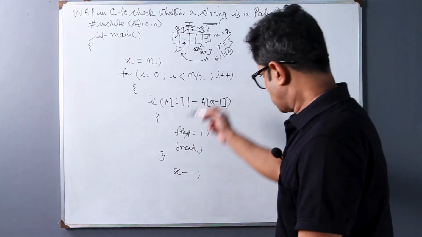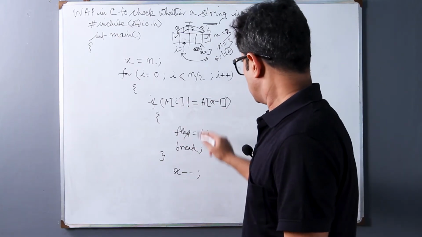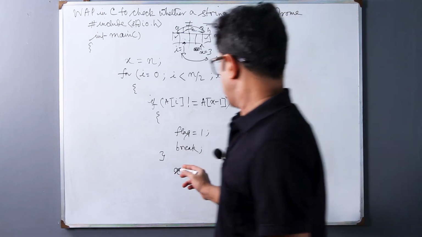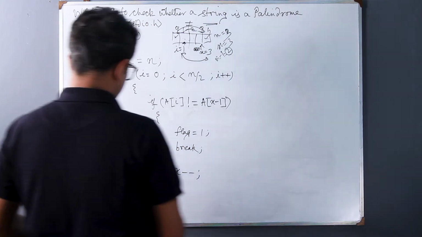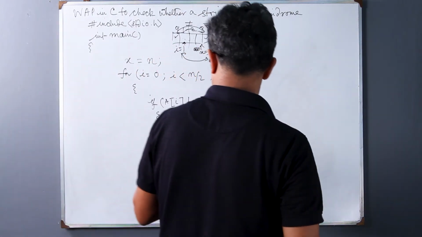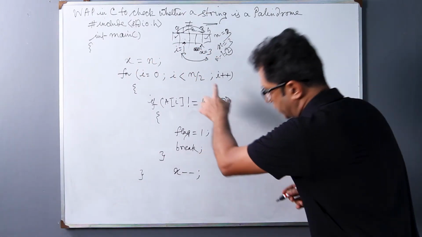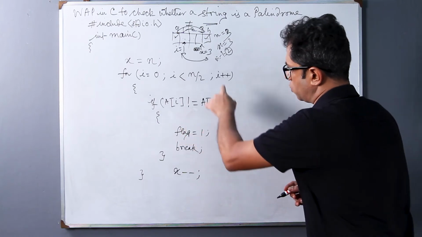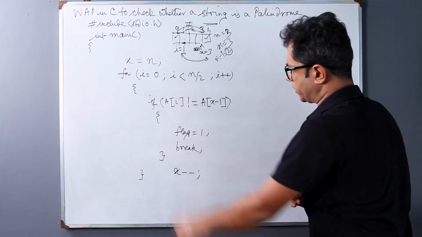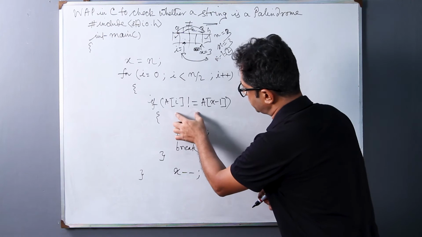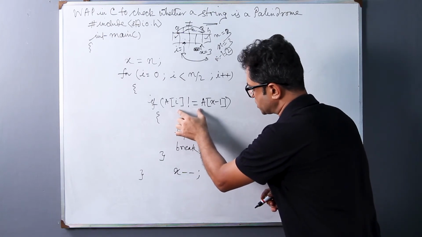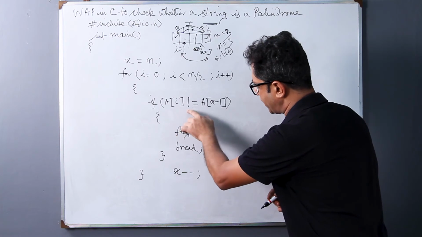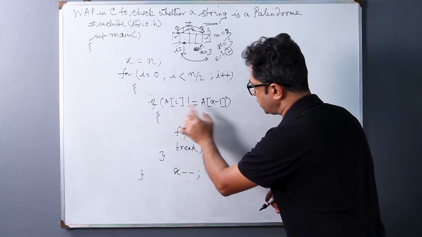So, in this way we are doing this iterative operation, and this for loop ends over here, and now we are going to check whether, during any iteration, the condition a[i] not equal to a[x minus 1] held.